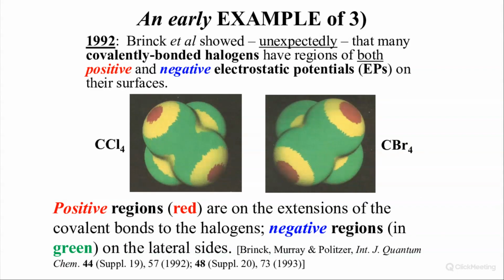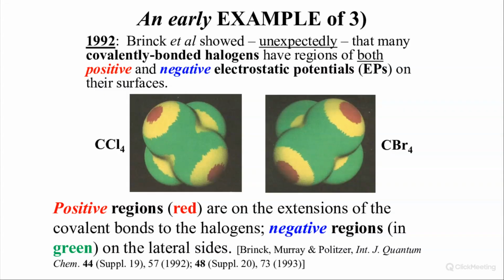And so now an early example of plotting potentials on molecular surfaces. I show this one because it was an early example of this. We have carbon tetrachloride and carbon tetrabromide here. And red is the most positive, and there are positive regions on the extensions of the C-Cl and C-Br bonds.